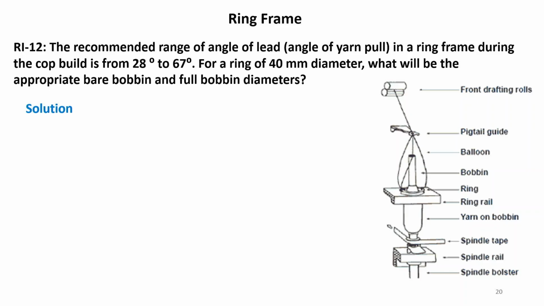So, the last numerical: the recommended range of angle of lead is given as 28 degree to 67 degree. For a ring of 40 millimeter diameter, what will be the appropriate bare bobbin and full bobbin diameter range? The same way we can calculate, for the bare bobbin we use 28 degree.